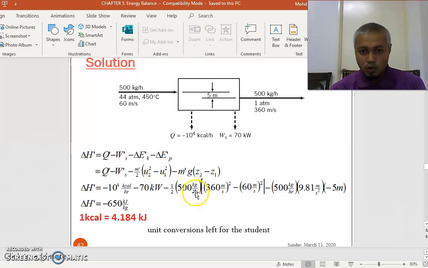Here you need to convert the unit, because this is in kilogram per hour, so you need to convert it to kg per second, because this is per second in SI units. The same goes here, you need to convert to kg per second, and after you convert, you will get this value. Try to do it, and if you have any problem, please let me know.